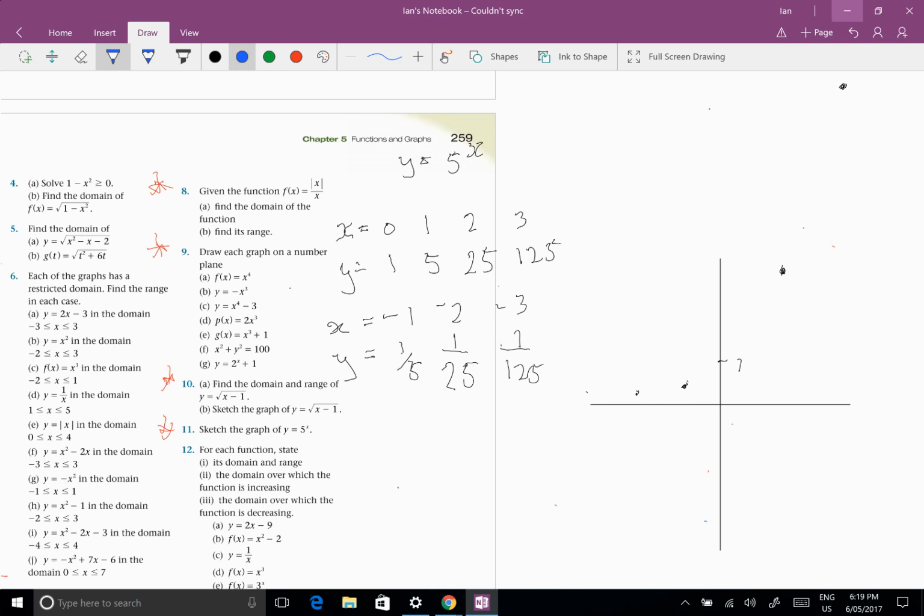So this thing, y equals 5 to the x, is an exponential function, but again, I need to indicate that the x-axis is an asymptote.